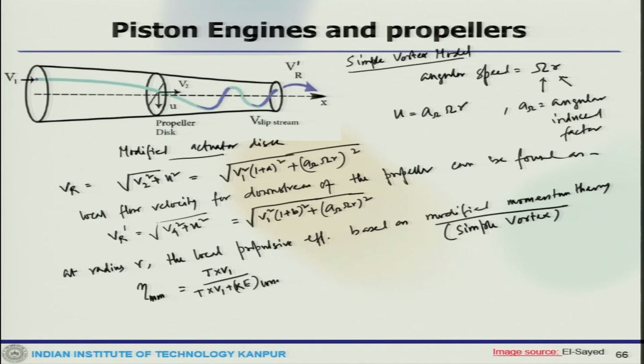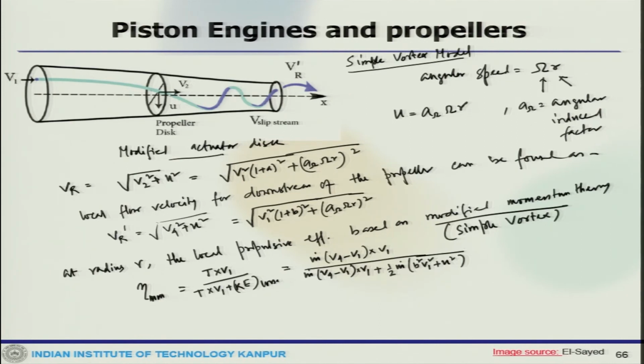So, we can write that as m dot (V4 minus V1) into V1, divided by m dot (V4 minus V1) into V1 plus half m dot times b square V1 square plus u square.